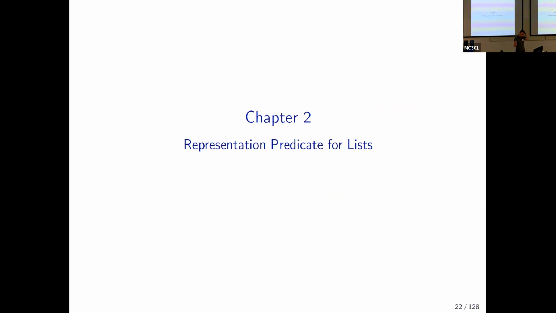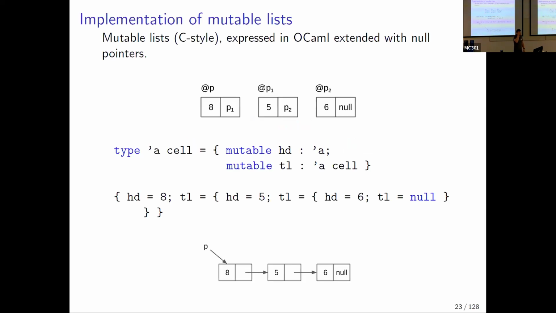So the typical example is linked list in separation logic. That was the first example in the first paper. So I'll talk about linked lists in a C style. You express them in OCaml, not like a normal OCaml list, but records with mutable fields. You have a cell of any type.